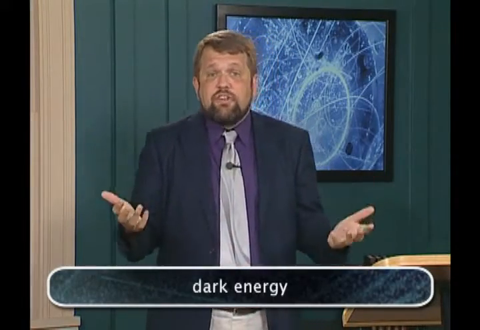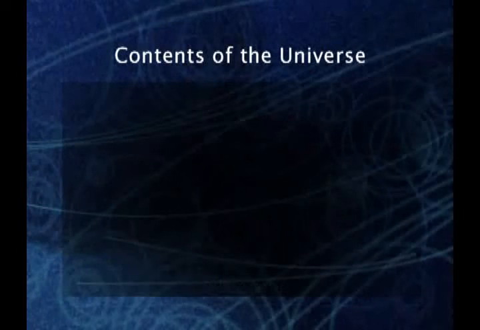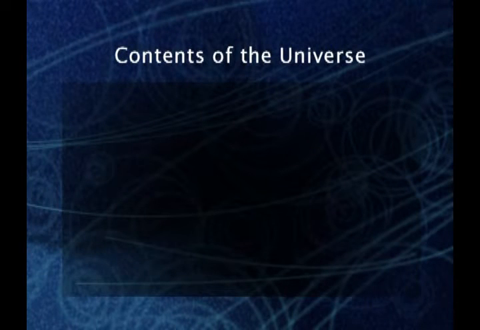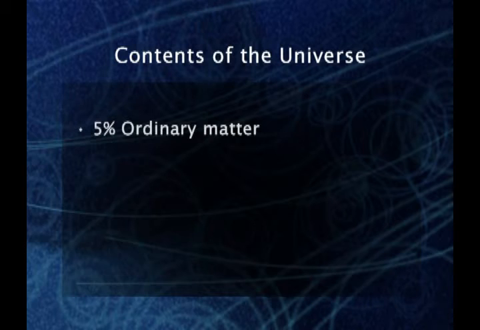And this dark energy is really important. In fact, if you want to make a rough inventory of the contents of the universe, no more than 5% of the stuff in the universe is ordinary matter, the stuff that's made of atoms. This no more than 5% includes all the stars, all the planets, all the gas clouds, all of that stuff that we're familiar with. That's less than 5% of the stuff in the universe.